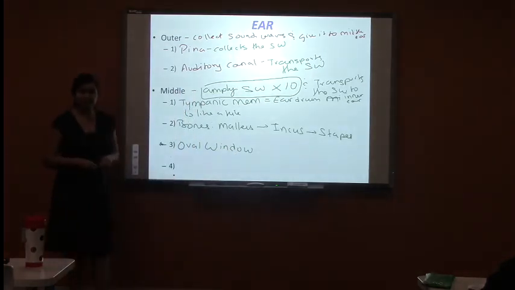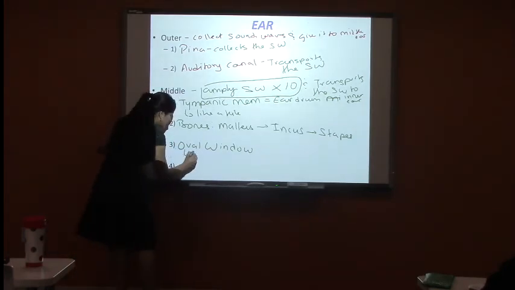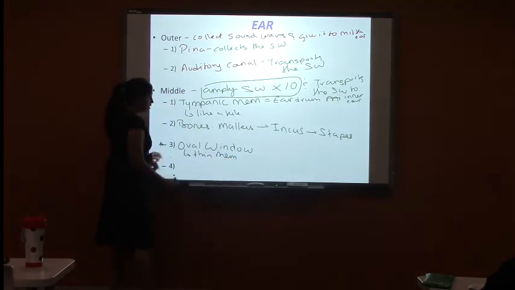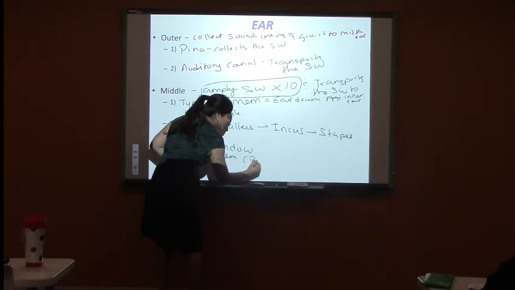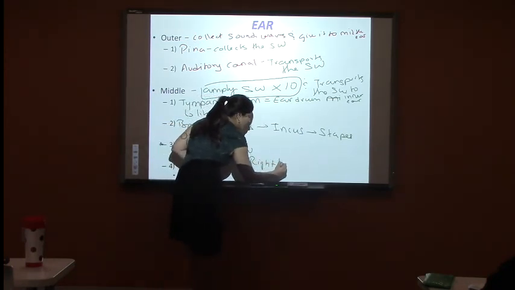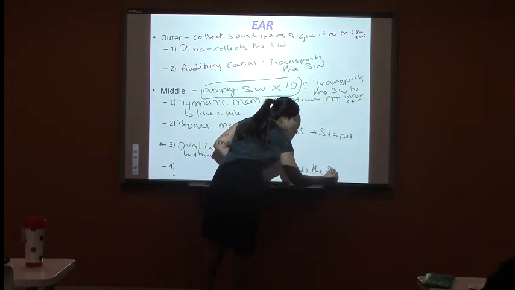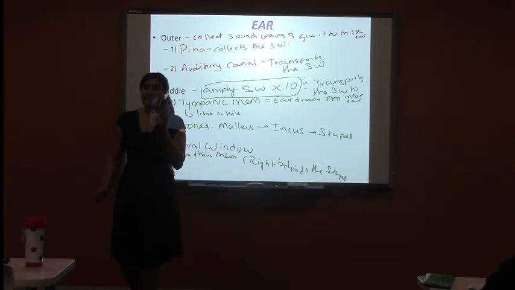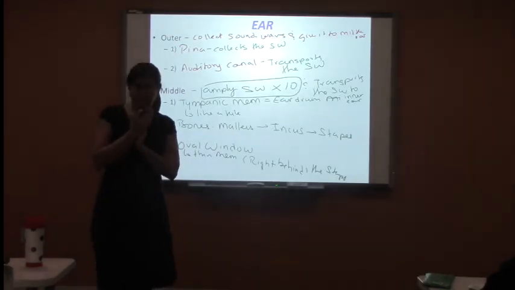Oval window is a very thin membrane, located right behind the stapes.